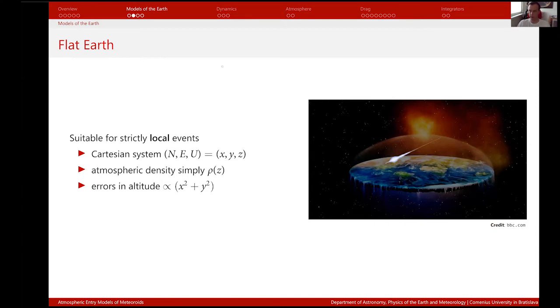So if I have one observer at one point on the Earth, it's possible, or maybe not advisable, but possible, to model it as a flat plate and work in the Cartesian coordinate system, where north, east, and up correspond to x, y, and z coordinates, and I can determine the atmospheric density simply as a function of altitude. However, what you get is errors in altitude, which are proportional to the square of the distance over the surface. So it's simple, but not very precise.